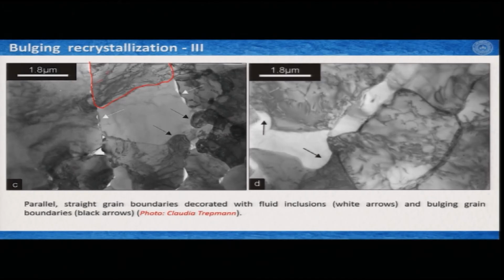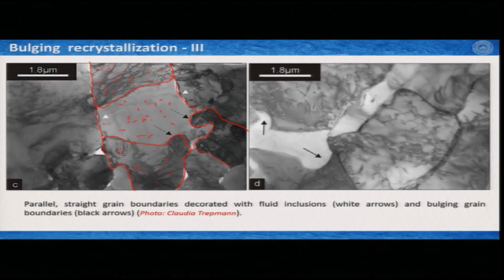You see all these thin hair-like features within the grains, these are dislocations. Here as well these are dislocations, all these tiny little things, and here all these are also dislocations. But this grain in the middle has much less dislocation.